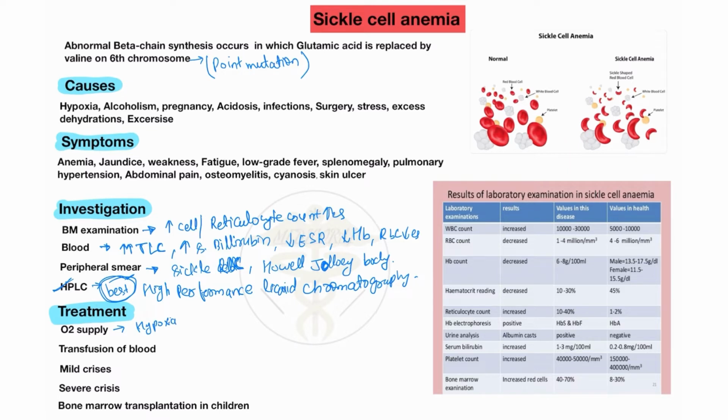Transfusion of blood: you all know that in sickle cell anemia, normal RBCs are replaced by sickle cell RBCs. So if RBC count decreases, with normal and sickle-like RBCs, we will transfuse blood in severe cases to decrease the percentage of hemoglobin S. You all know S is the sickle type of hemoglobin, and normal types like HbF.